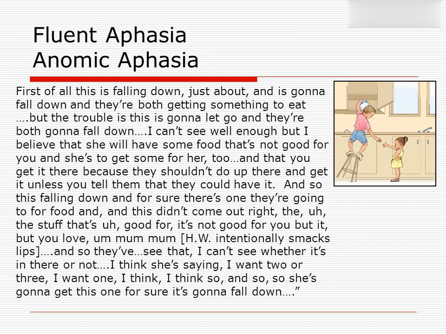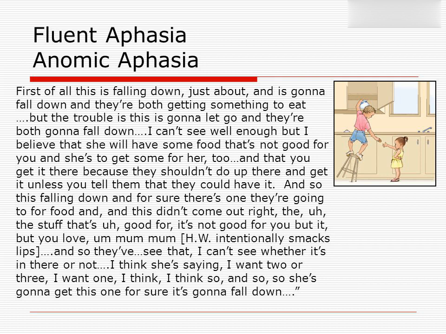First of all, this is falling down, just about, and is gonna fall down and they're both getting something to eat. But the trouble is this is gonna let go and they're both gonna fall down. I can't see well enough, but I believe that she will have some food that's not good for you and she's to get some for her, too. And that you get it there because they shouldn't go up there and get it unless you tell them that they could have it. And so this falling down, and for sure there's one they're going for food and this didn't come out right.